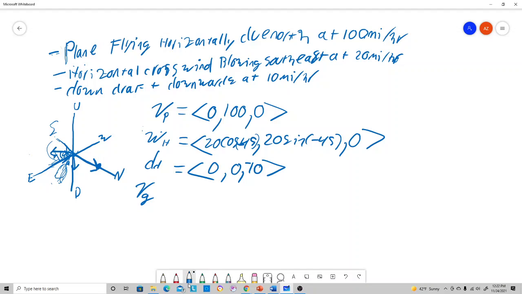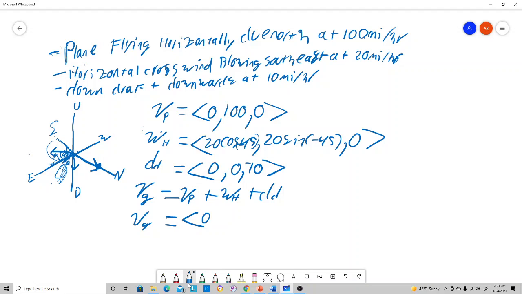Okay, so we can say v of the plane, the velocity of the plane, plus w sub h, the wind horizontal, and then plus d sub d. Okay, so in here we can just substitute in for stuff. So v sub g, we still don't know it.